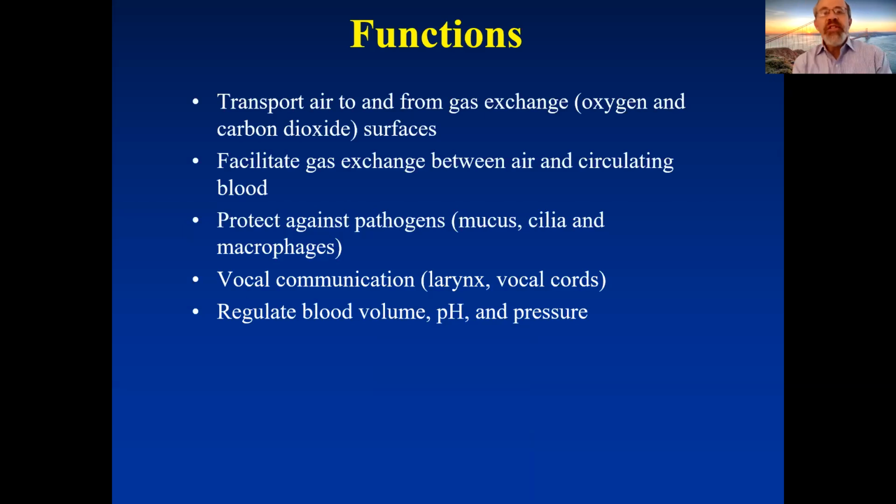All right, so functionally, what is the role or what are the roles of the respiratory system? First and foremost, it's to transport air to and from what we call gas exchange surfaces. So for example, transporting air from the outside world into the lungs and eventually into the blood. With carbon dioxide, it goes the other way.